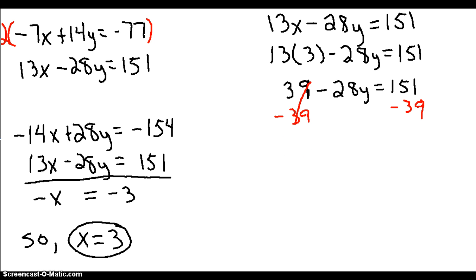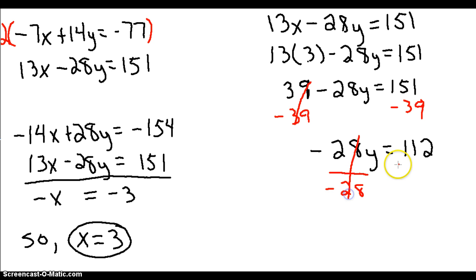So now negative 28y is going to equal 112. And then we finish this off by dividing by negative 28, which tells us that y is going to equal negative 4.